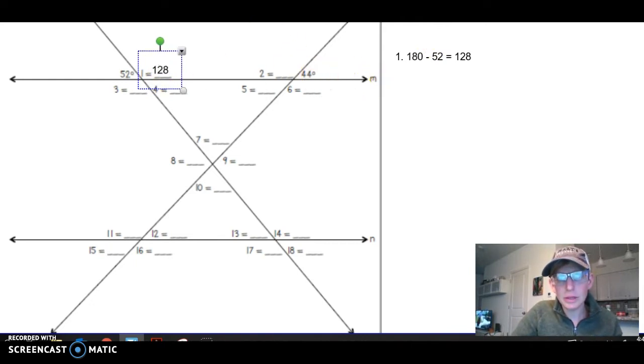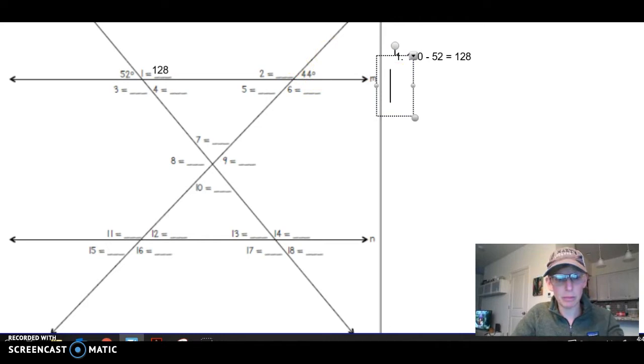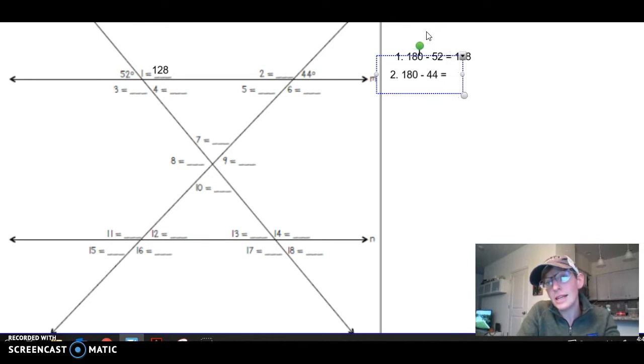Let's do the same thing for angle 2 over here. Because angle 2 is on the same straight line as this angle that measures 44 degrees, I can use the same principle of supplementary angles. I'm going to take 180 degrees, that's that straight line, and subtract the 44, and what's left over is angle 2.